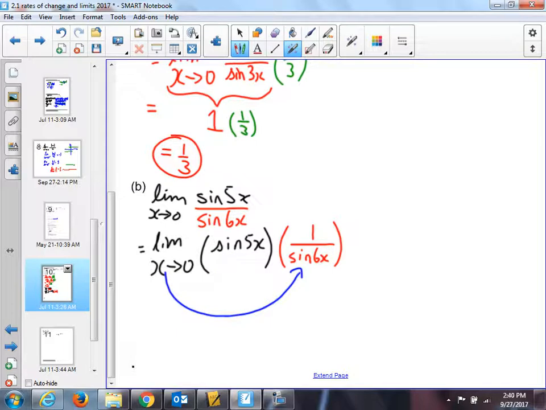Now, what's missing from this sine of 5x here that would make it easy to... yeah, the 5x here. And this one, likewise, is missing the 6x. So, what do I really need to multiply by to make this thing work? Well, let's just put this in here.